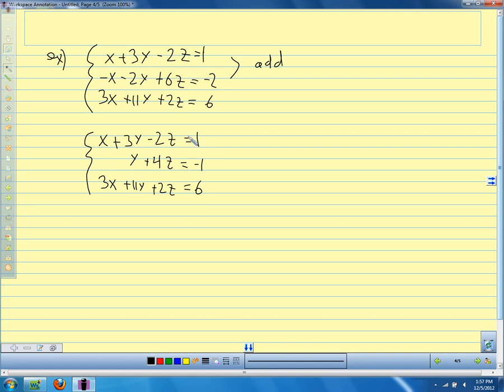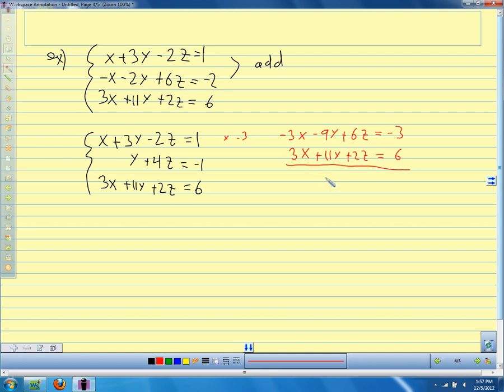Now I want to use the first and third rows to get rid of the x in the third row. So what do I need to do here? Multiply the first row by negative 3. So I'll rewrite those 2 rows. I get minus 3x minus 9y plus 6z equals negative 3. And I'm adding that to the third row, 3x plus 11y plus 2z equals 6. This gives me 0.